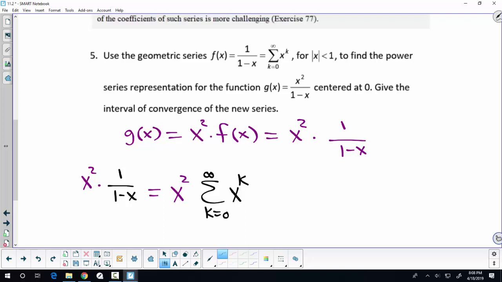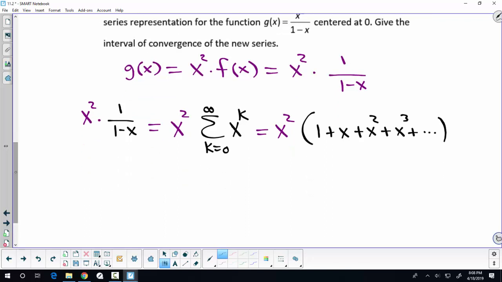Okay, and we know 1 over 1 minus x was given to us as the sum from 0 to infinity of x to the k, which is x squared times 1 plus x squared, etc. Just note that this is for the absolute value of x less than 1.